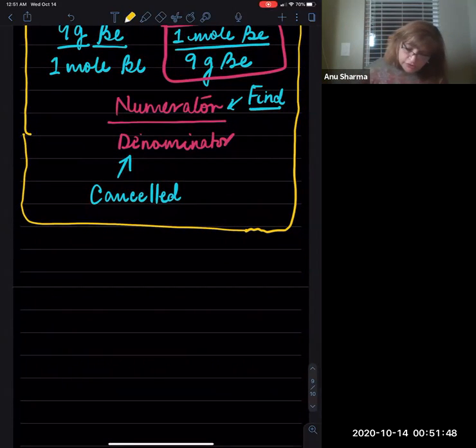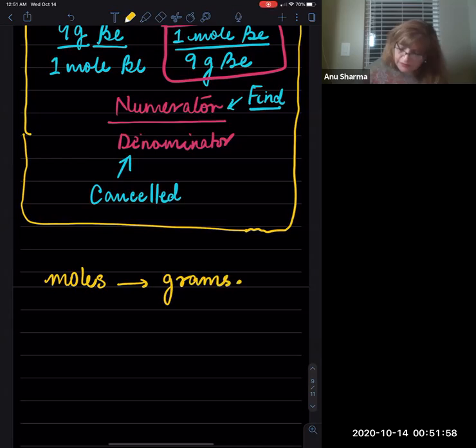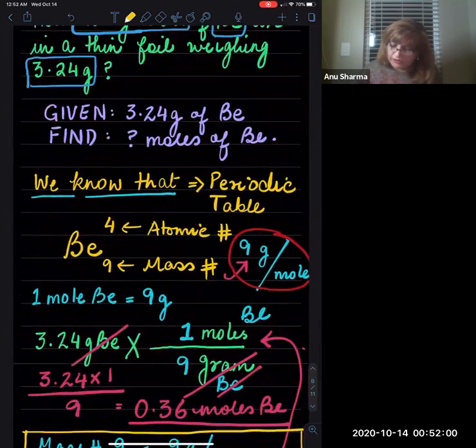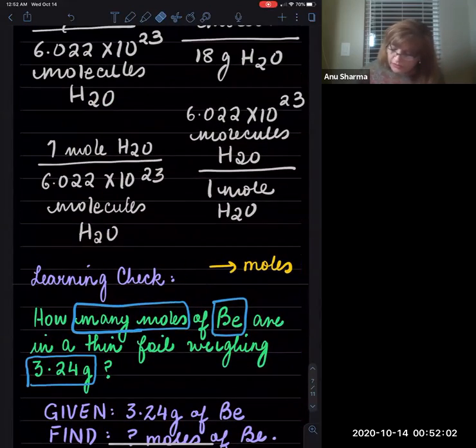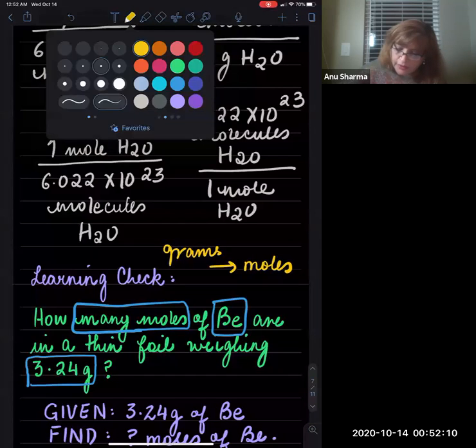Next, we are going to do another example, converting the moles of a substance to grams of that substance. So this one was grams to moles. That's the one example.